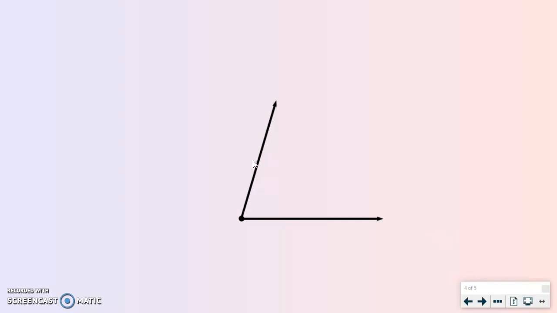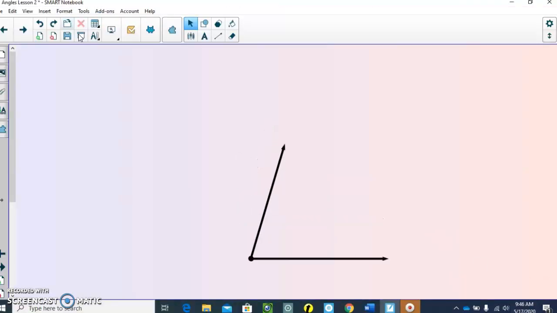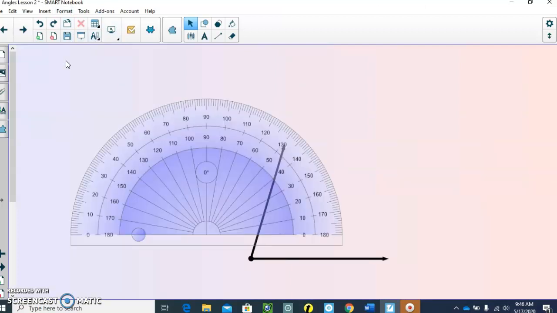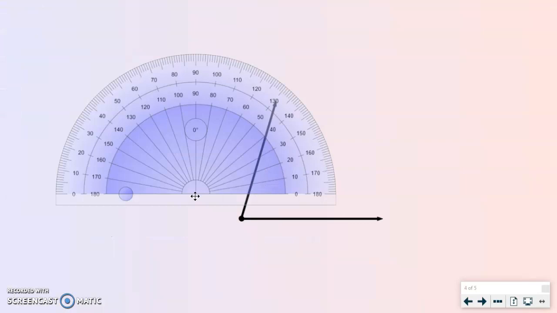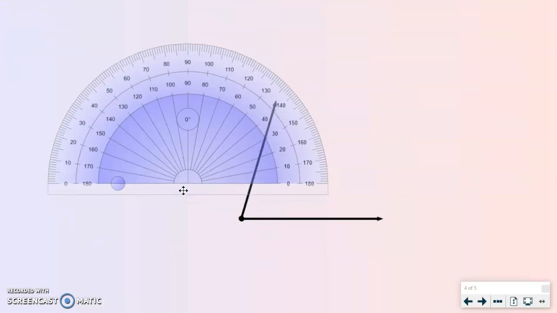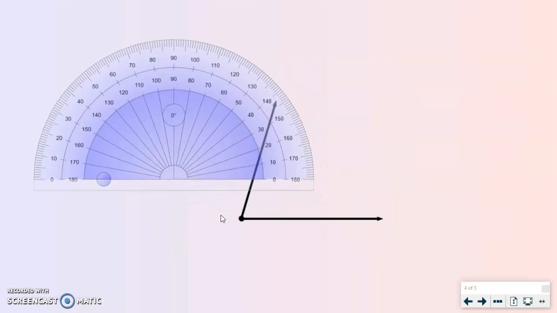So I've drawn an angle here. I'm going to get my protractor out to help us with measuring it. When we have a protractor, your angle has 2 rays, and you're going to want to choose the ray that's easiest to line up with the bottom of your protractor. I wouldn't choose this ray because then I'd have to rotate my protractor around.